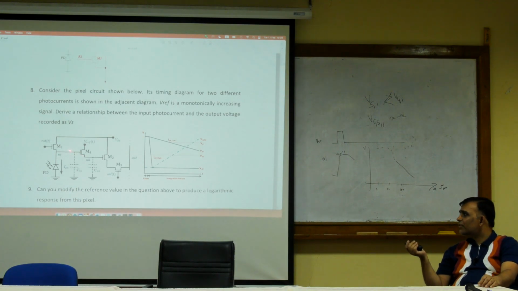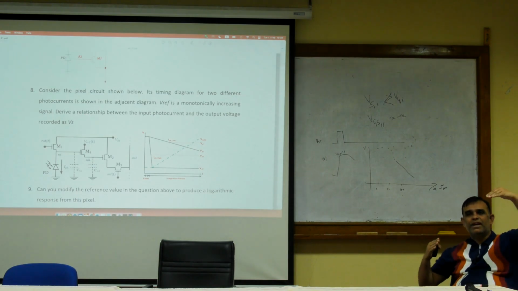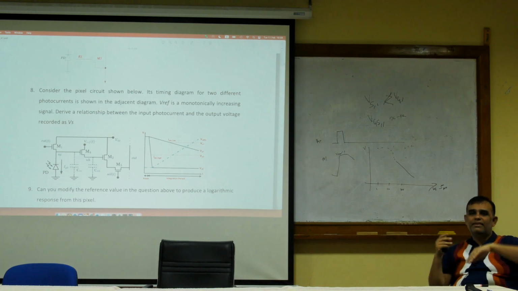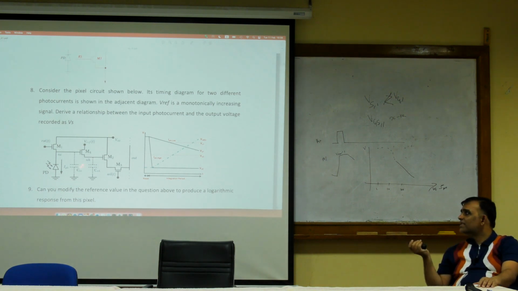So this voltage is now falling down and this voltage is going up. So at some point of time, my VGS will become negative. This transistor will switch off. At that point of time, whatever is held here is held on these capacitors.